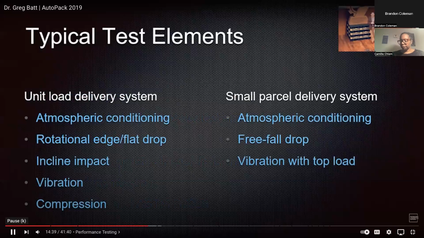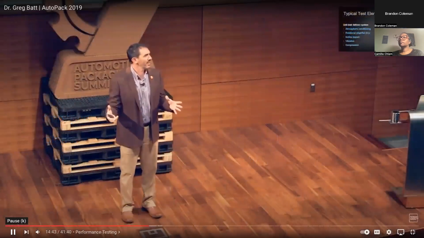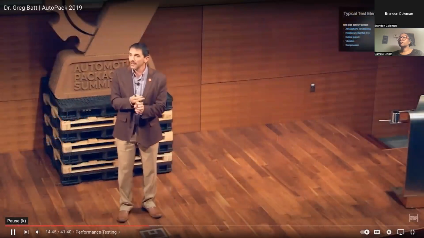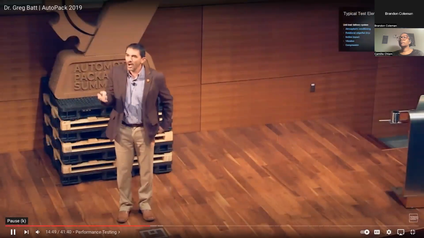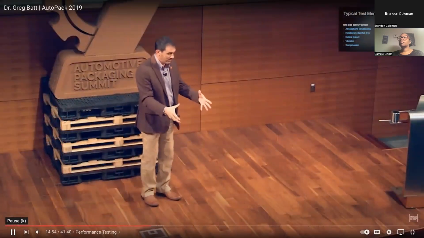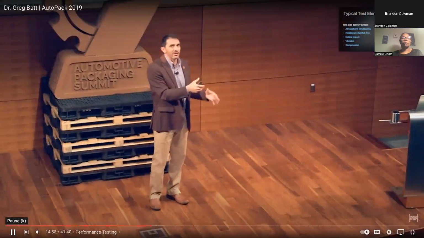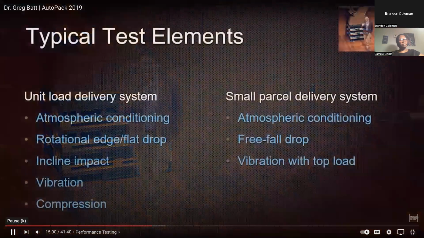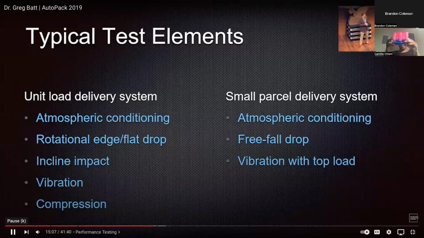If you're shipping unit loads, then we've got larger, heavier things that we're handling mechanically that might be getting stacked in a warehouse that undergo shock events that are very different from the way we might handle a small 12-pound package, okay? So that unit load delivery system is going to involve hazards like atmospheric conditioning, rotational edge and flat drops, incline impact, vibration, compression.